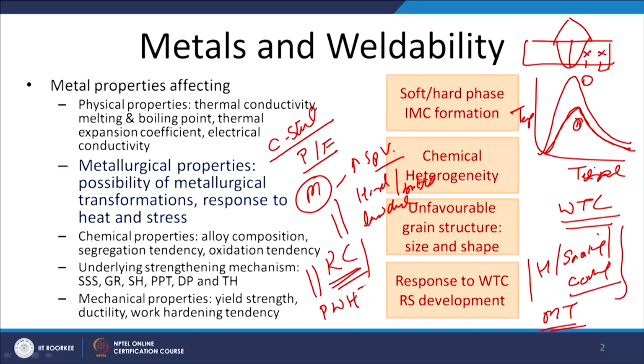So, metallurgical transformations also contribute towards the development of residual stresses, and to take care of these residual stresses so that their adverse effect on the performance of the weld joint can be reduced, we carry out post weld heat treatment.